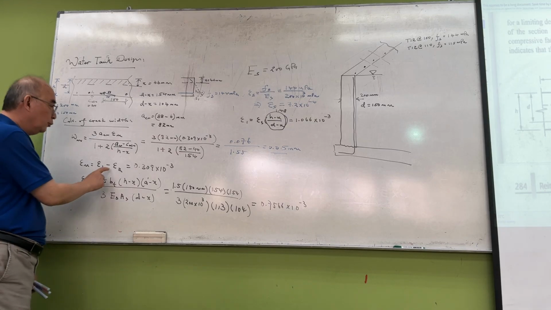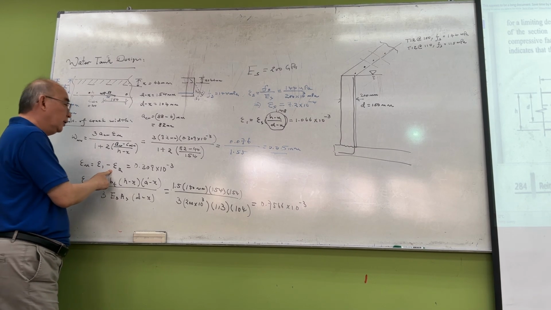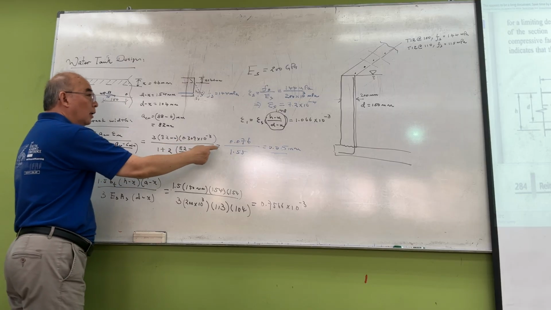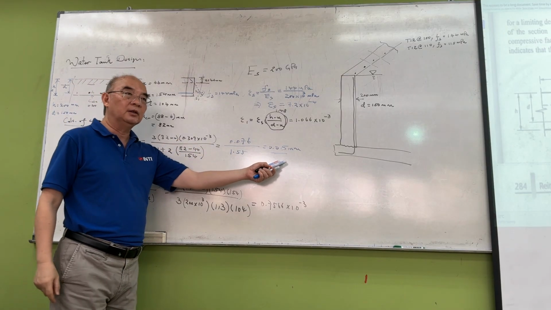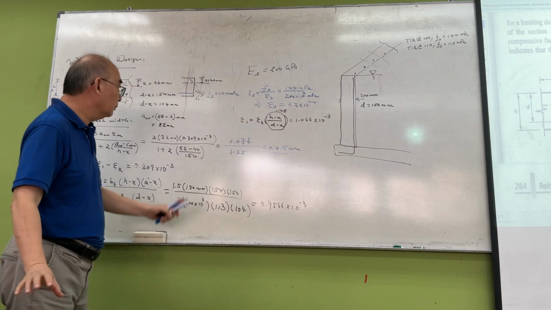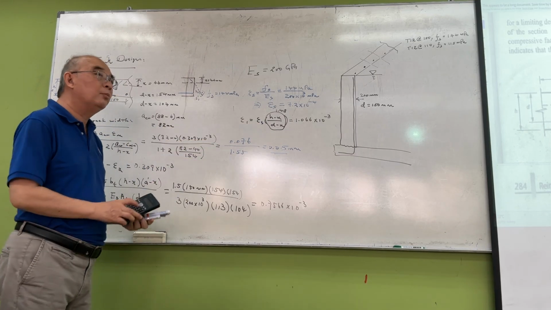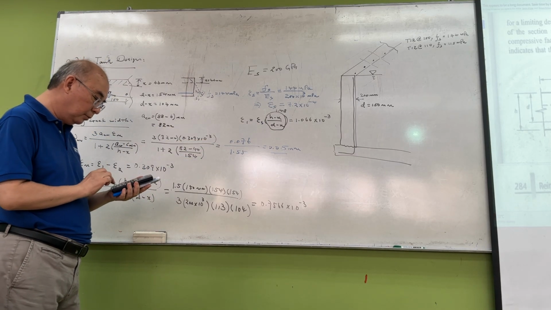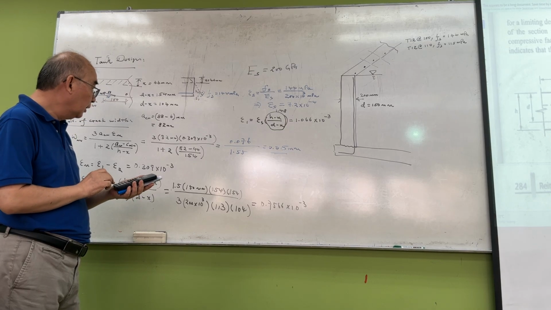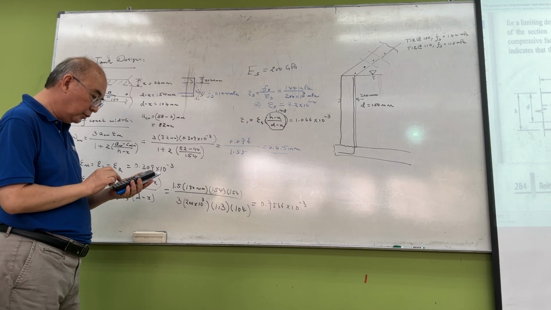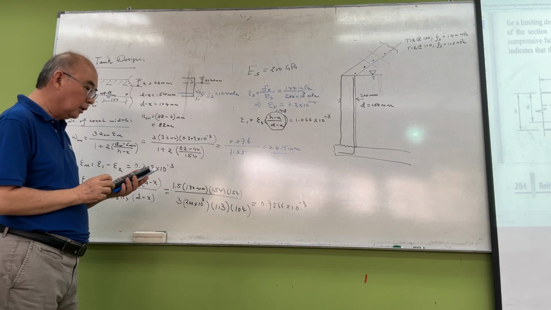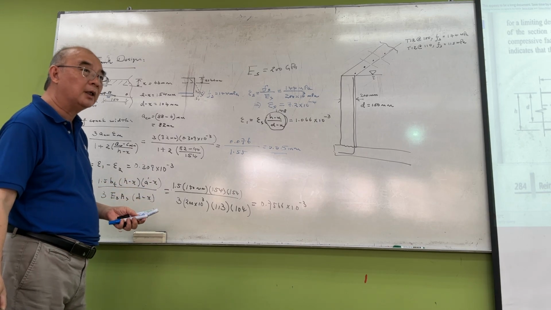Now, if I do not subtract this epsilon 2, if I just use epsilon 1, I think this will exceed the 0.2. Because now I'm using 1.066 instead of 0.309, that means it's almost 3.4 times higher.